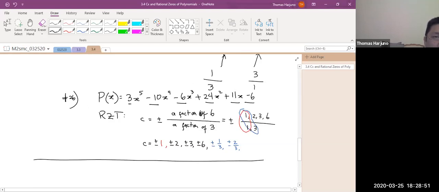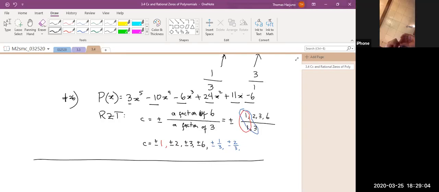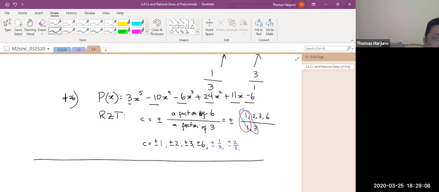To graph it, I need to first factor it, and to factor it, I need to find the zeros. When I try to find the zeros, I will not start with complex numbers. Are you with me? We will start with guessing, but we don't randomly guess numbers like, let me try 4, let me try 7. No need. Why? Because we know from the rational zero theorem that 5 will not be a zero, 7 will not be a zero.